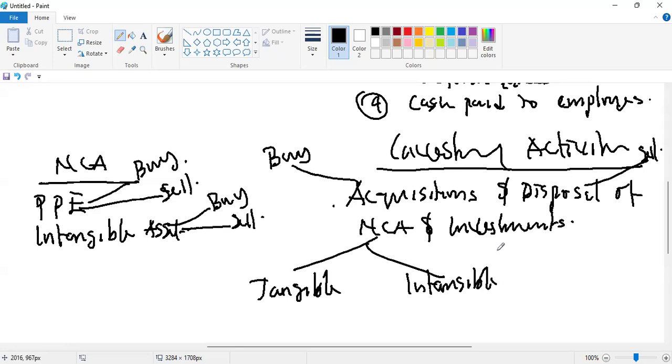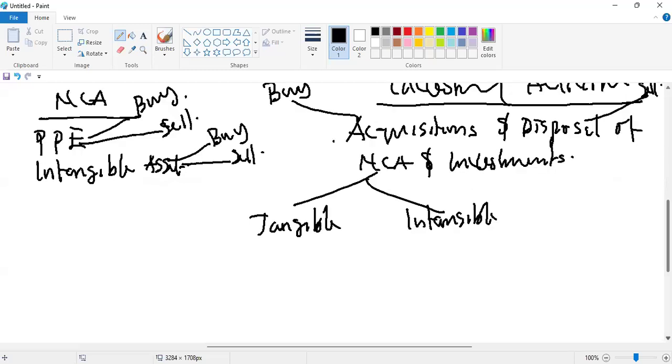For tangible, we depreciate. For intangible, we amortize.